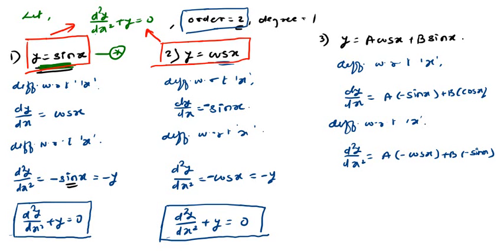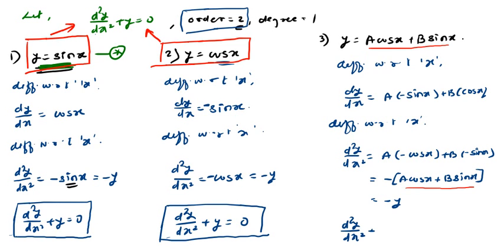If I simplify this, the minus sign will come out, so this will be minus of a cos x plus b sin x. This term is given to be y, so I will write this as minus y. So finally, in the last step, what will I get?